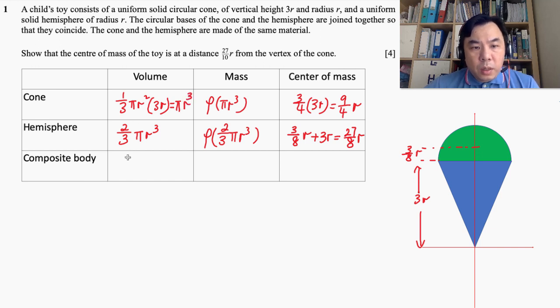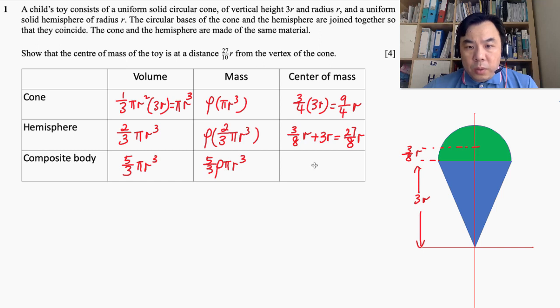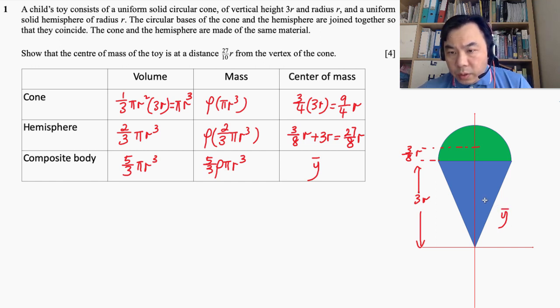Okay, so from here, we will be able to deduce that the composite body's volume will be 5/3 pi r cubed here, and then the mass itself will be 5/3 pi r cubed, and then we have no idea where the location of the center of mass for the composite body is. So here I'm going to label that as y bar. All right, now assuming that the distance of the center of mass of the composite body is located somewhere here, for instance.